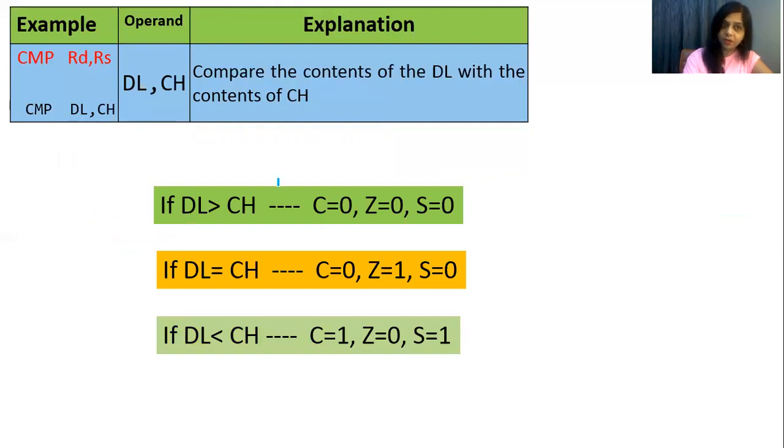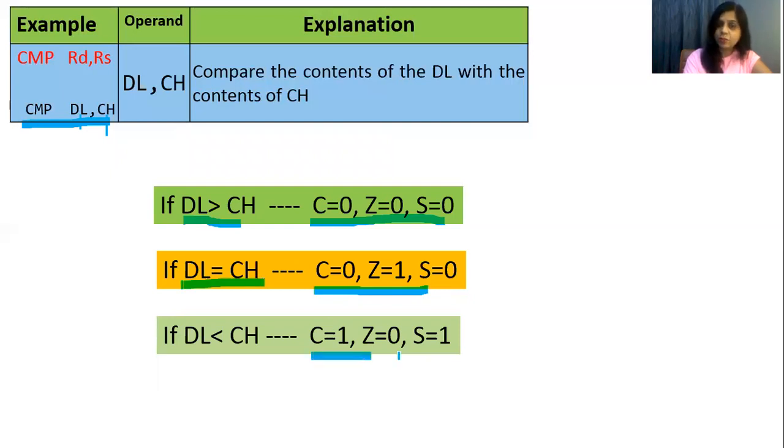If we have some numbers in DL and CH and we don't know what they are, we are supposed to simply execute this instruction and check the patterns. If we get this particular pattern of the flags, then conclude that DL holds a bigger number than CH. If we get this pattern, then conclude that DL is equal to CH.